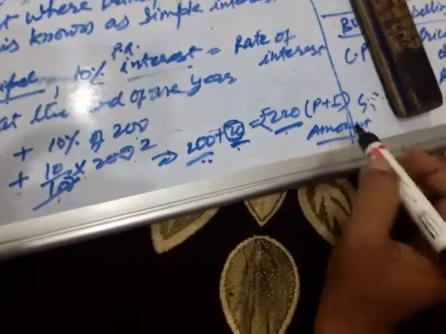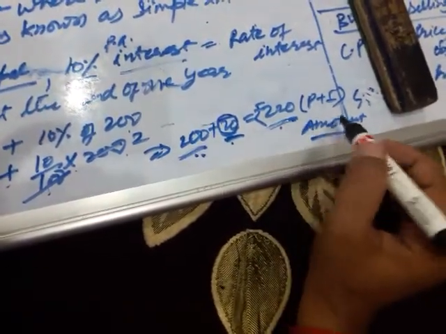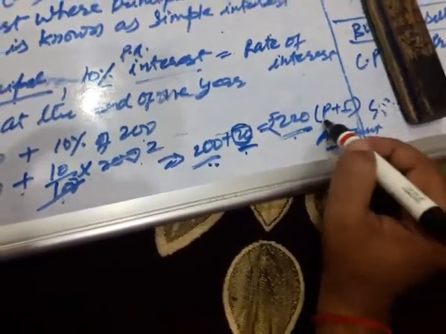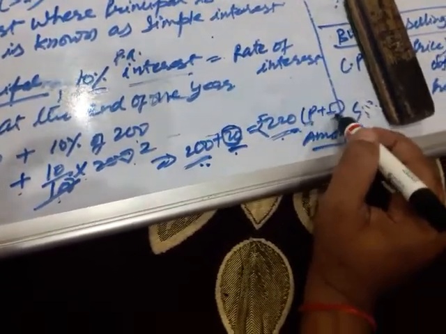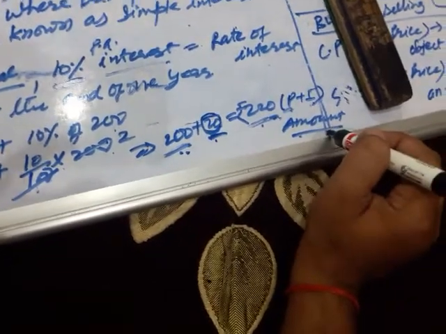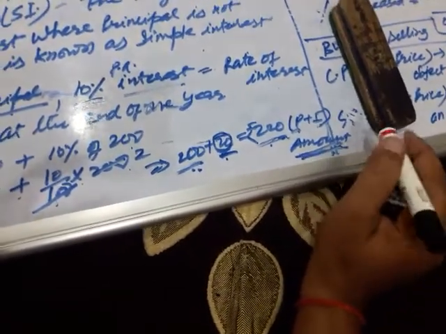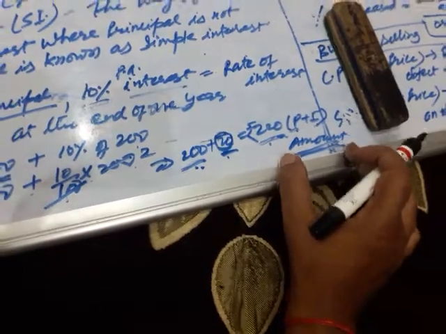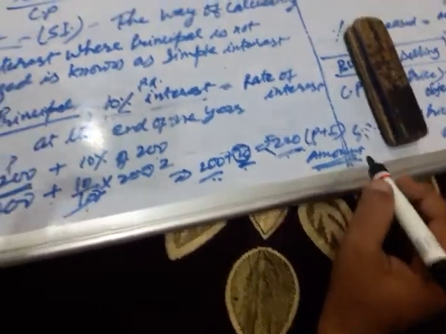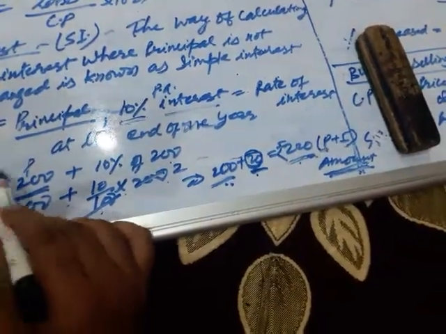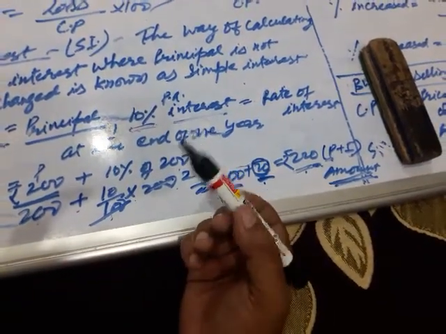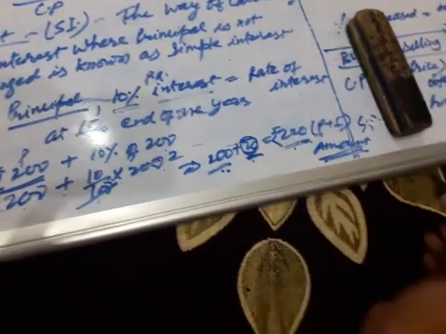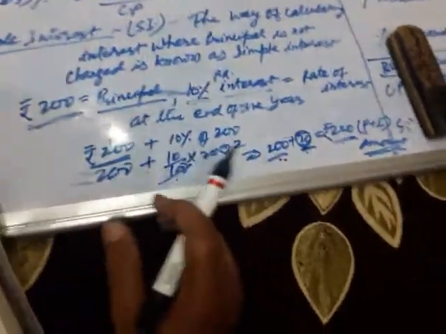This 220 rupees includes your principal plus interest for 1 year, that is 20 rupees. Principal plus interest equal to amount. This is the total money that you got back in place of 200. You have given 200 rupees for 1 year to the person, and you earned rupees 20 extra, that is called your interest. And principal plus interest equal to amount.